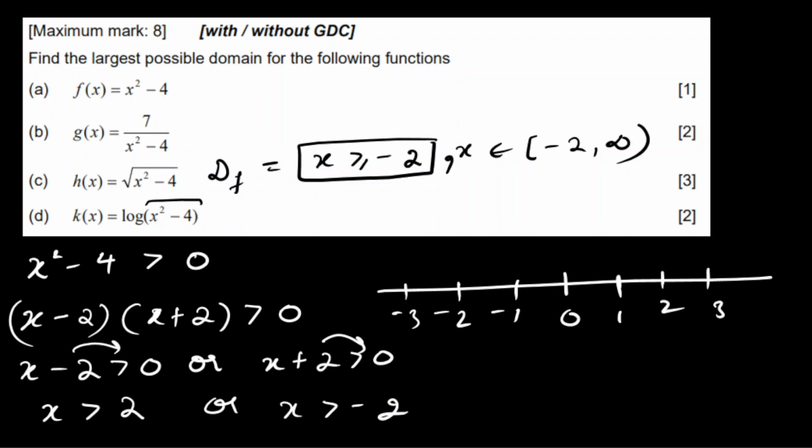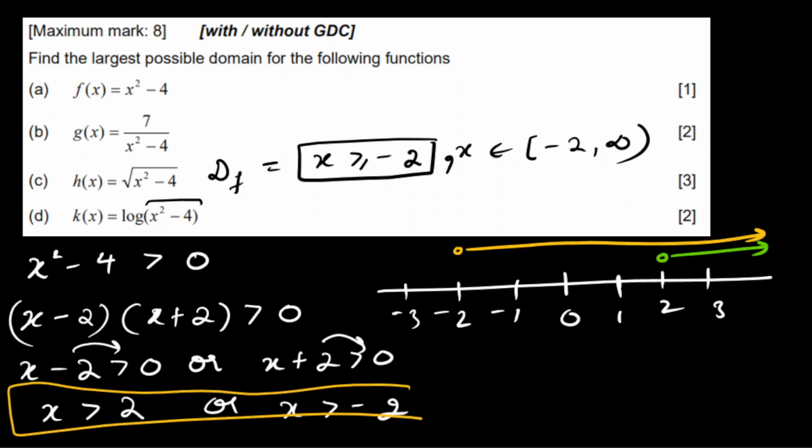So x is greater than 2 means my graph starts from here. 2 is not included, it just starts from here. And then x is greater than negative 2 means again negative 2 is not included, so it starts like this. So here you can see I have drawn the graph of these two lines.